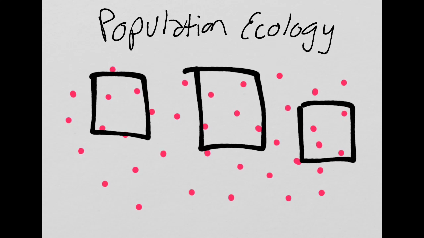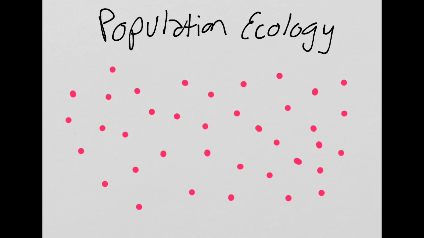And you'd count the number of organisms of that type in each of the plots, and you'd average that out. So say every square meter there were 20 of a certain plant, then you could figure out that there were probably 20 per square meter, and you can convert that to square mile or whatever, but that would be the population density.